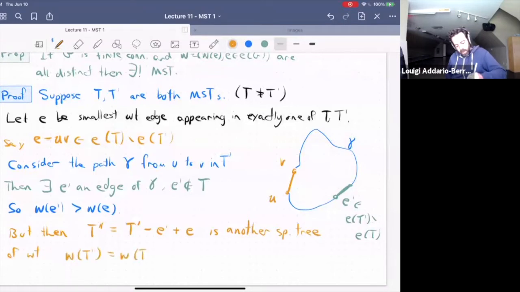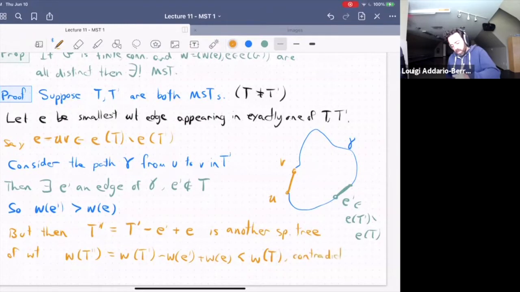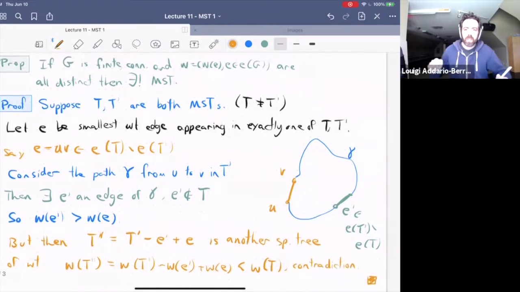It's the weight of T prime minus the weight of E prime plus the weight of E. That gives us a net gain because the weight of E prime was bigger than the weight of E. So that's less than the weight of the trees that we supposed were minimum spanning trees to start. So that's a contradiction. Okay, so that's a sort of easy proof by contradiction that minimum spanning trees are unique.